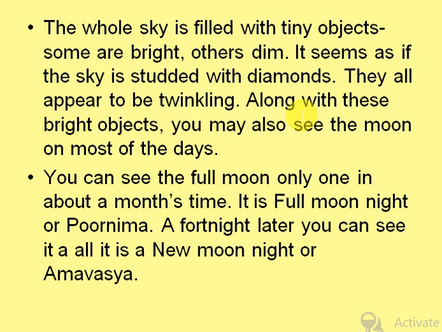Why is the sun visible only during the day, while at night we see numerous dots of light? So this is a question. Why at night we see numerous dots of light? Why do stars twinkle?